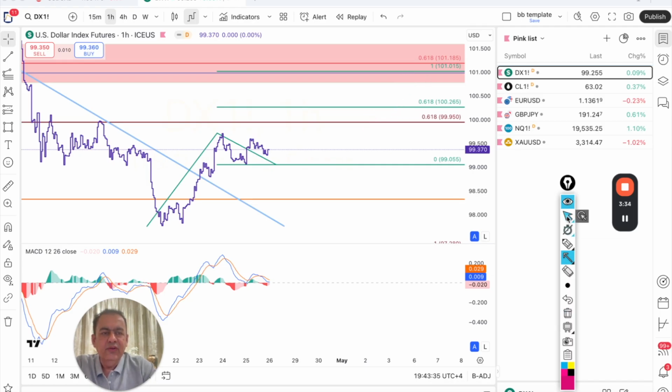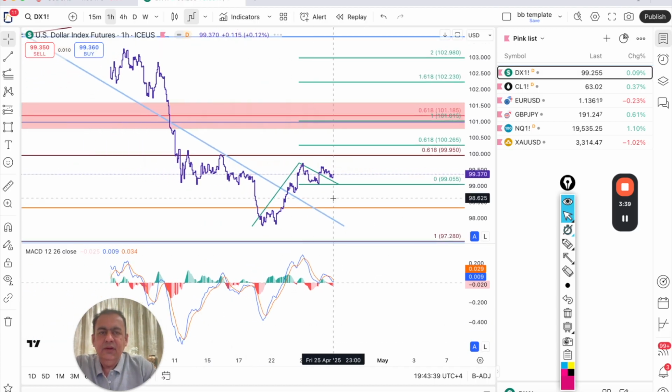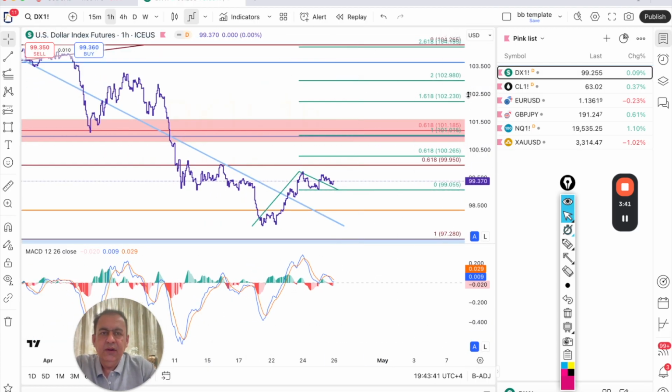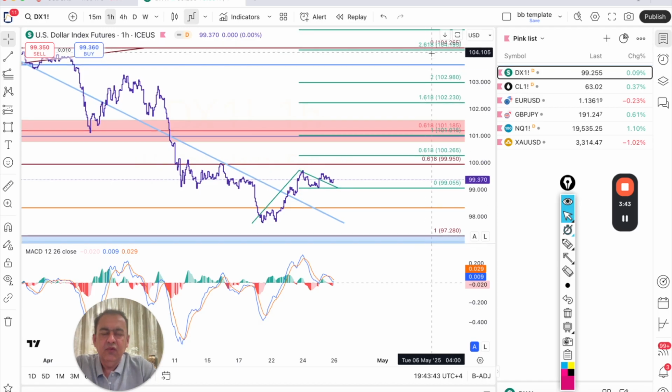So 101.01 is the strong magnetic level, and in case you see a deeper retracement, then we can expect it to be 104, which I do not think so at the moment. It's possible, but still, based on the technical levels, if 101.18 is breached, then we can expect dollar index to rise to 104.26 and continuation lower from 104.26.